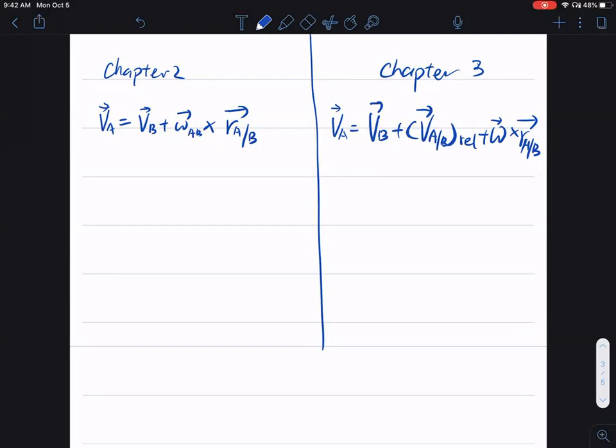Everybody, I want you to pay attention here. Huge difference. The points A and B in chapter 2, what about them? What about the points A and B in chapter 2? So A and B in chapter 2, in that equation, must be what?